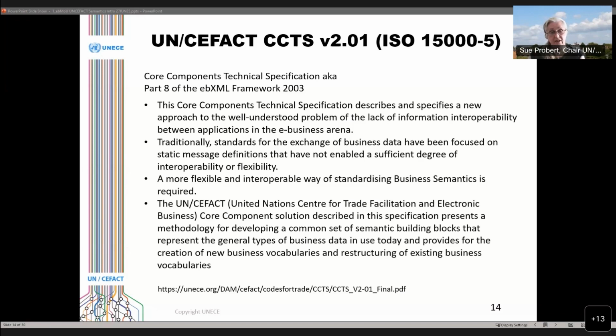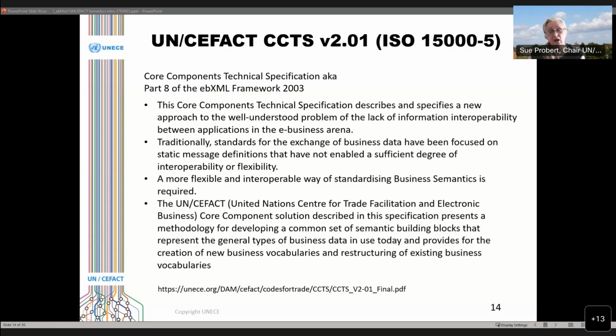And once you have the name and the definition uniquely defined, then you can move forward to modeling the data in a way that will have a lot of harmonization built into it. The other thing that's really important about the Core Component Technical Specification is that it works on two levels. It introduces two levels of modeling, which I don't believe any other modeling methodology has yet adopted.